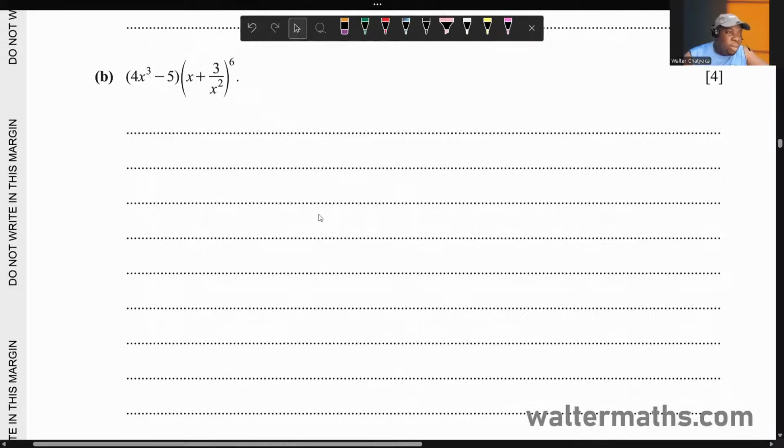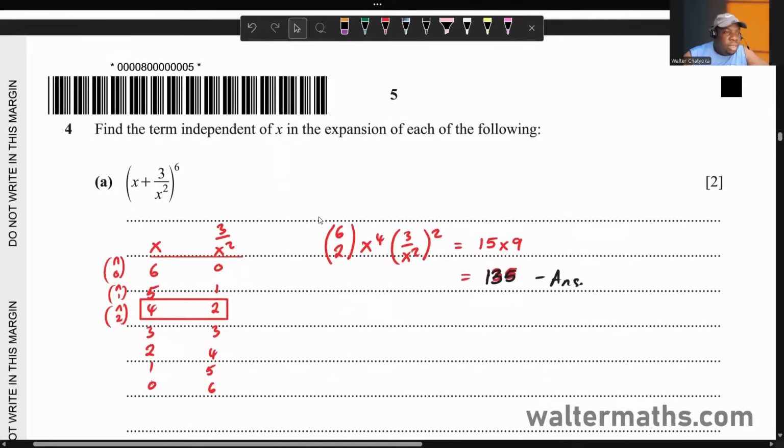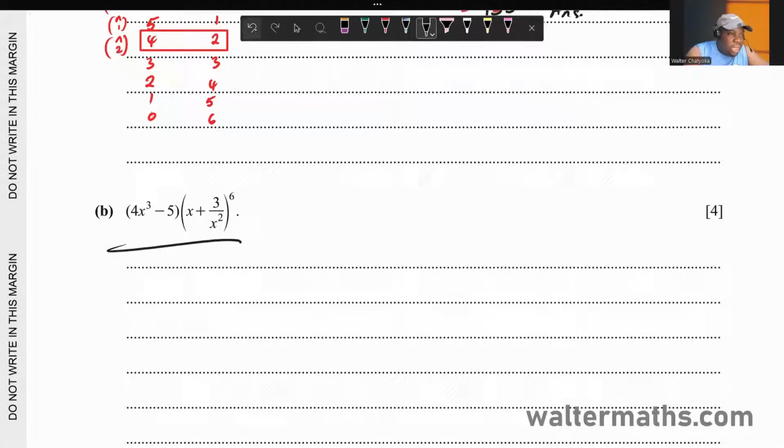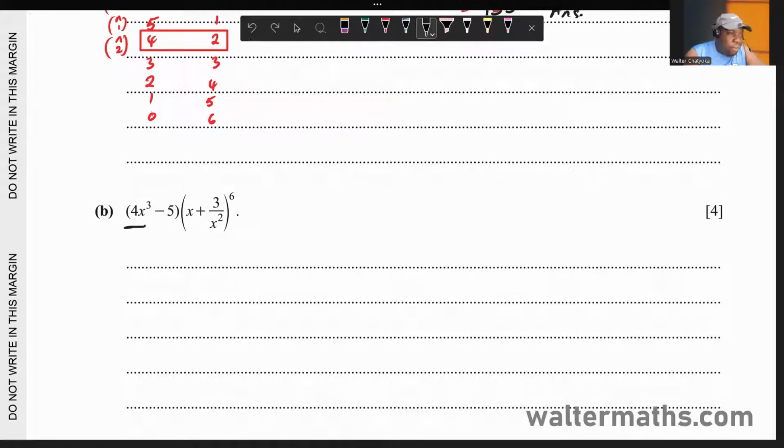Let's move on to part B, where it says 4x cubed minus 5 times the bracket x plus 3 over x squared, to the power 6. So basically, we're looking for the term independent of x. If we do the expansion of this, we will have 4x cubed multiplying the terms in the expansion of the bracket, and at another point, we have minus 5 multiplying terms in the second bracket.